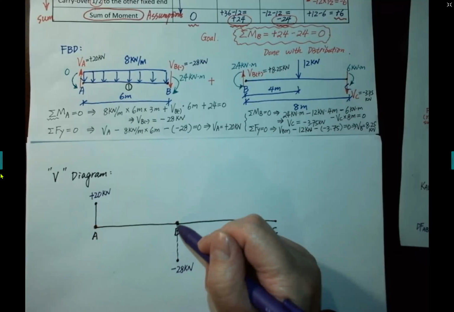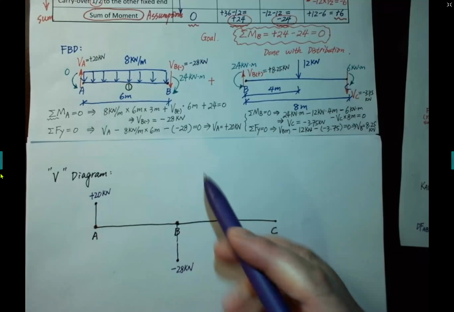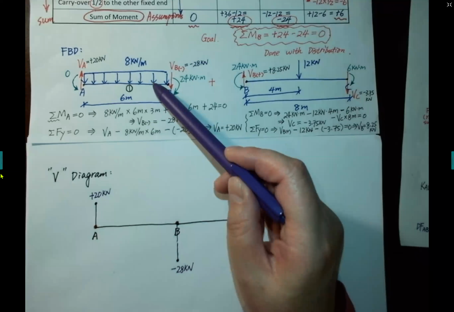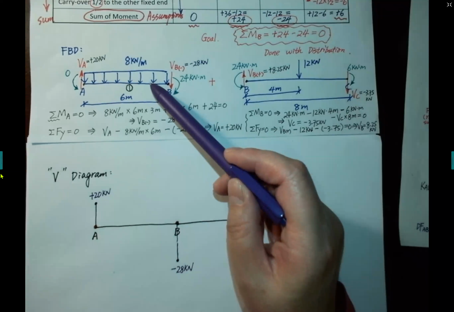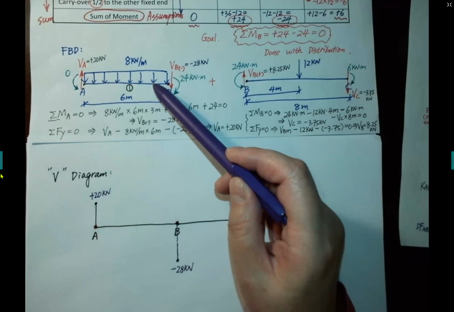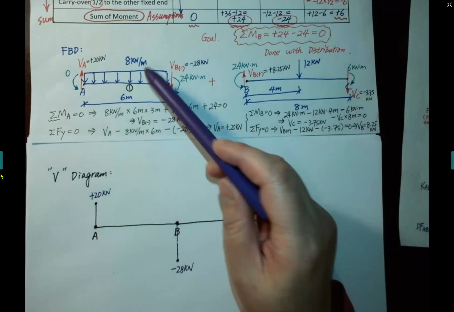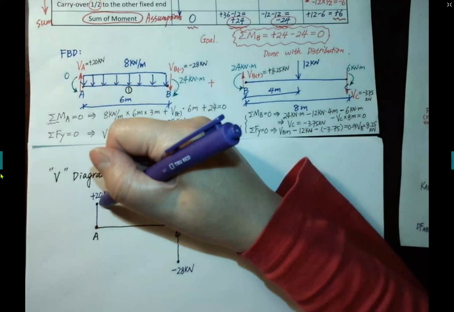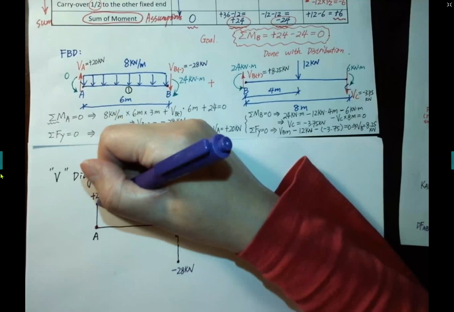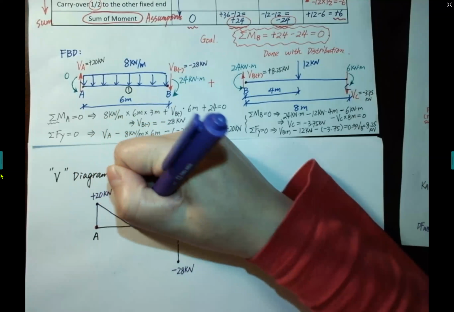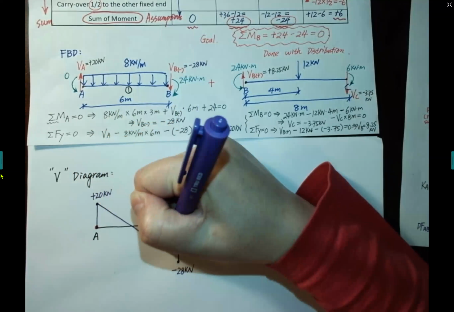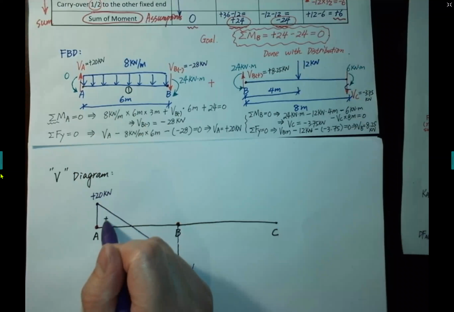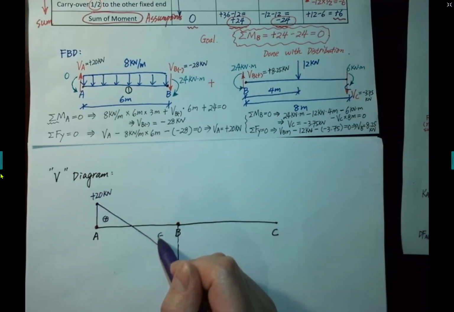And for the AB segment, there is only a distributed load. If there's a distributed load on this segment, it means the shear diagram should be a straight line. The slope equals the distributed load magnitude. So we connect these 2 points by a straight line. So we have a positive side and a negative side.